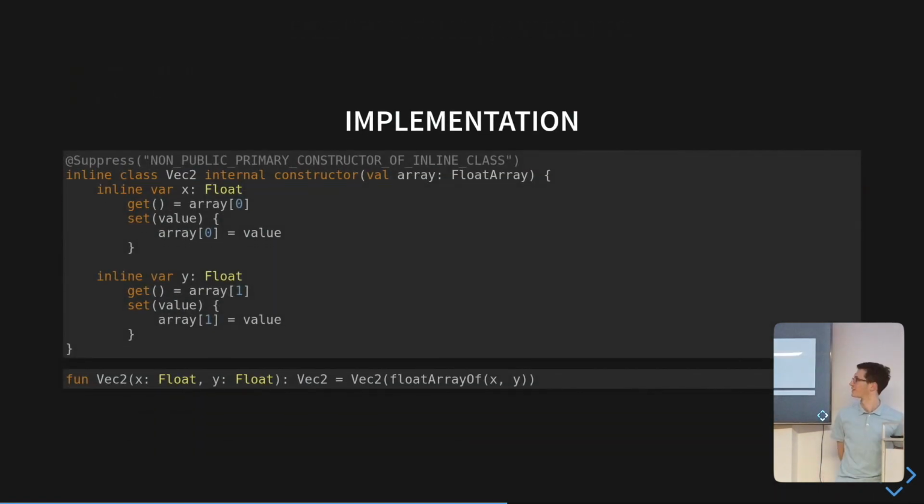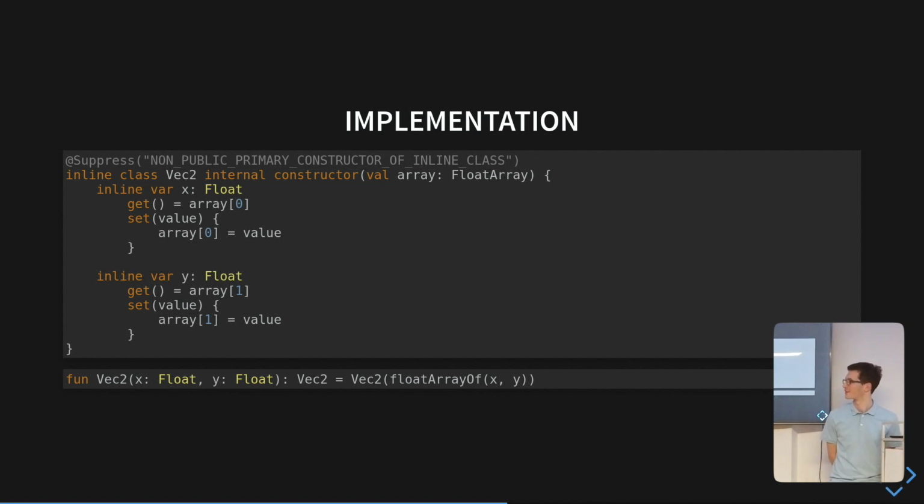So let's look at how these types are implemented. There are a lot of keywords in here, so let's go through them one by one. It is backed by a primitive float array, which is good for performance, especially in JavaScript. It is an inline class for performance, which means that when this type is used, it doesn't actually get created, only the array gets passed around. So it's nice, one less object to work with.